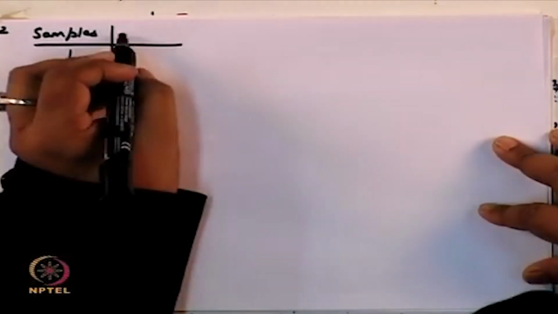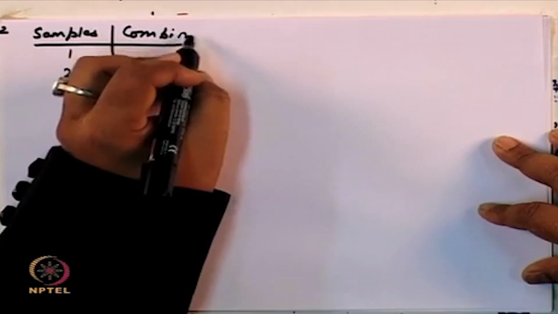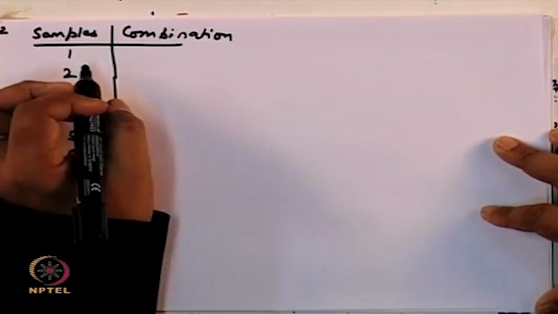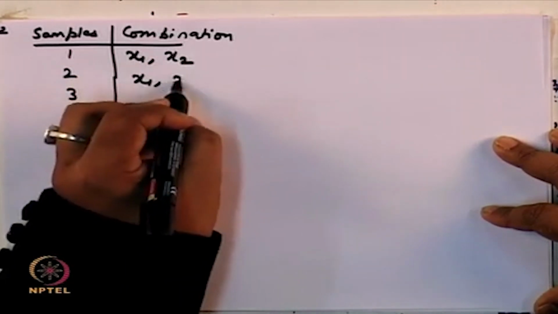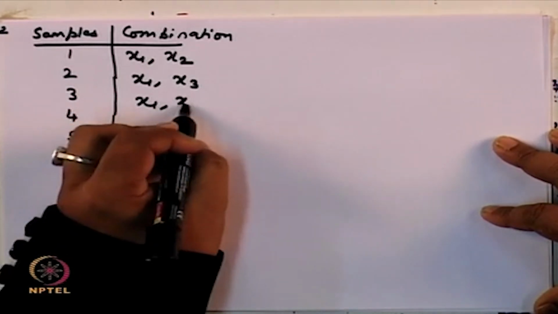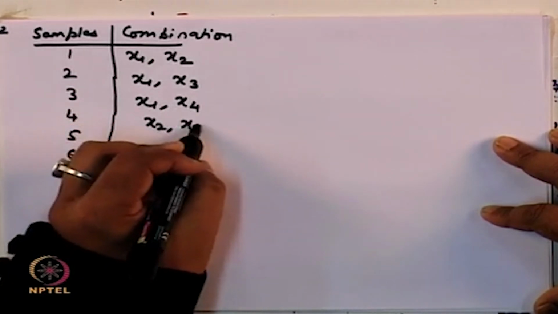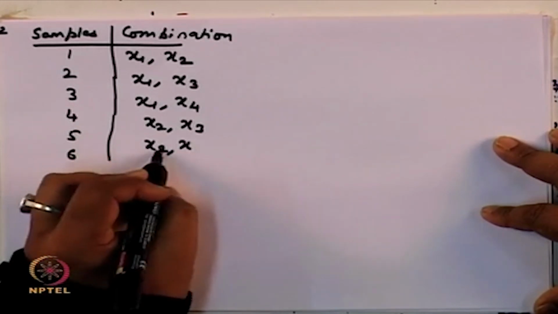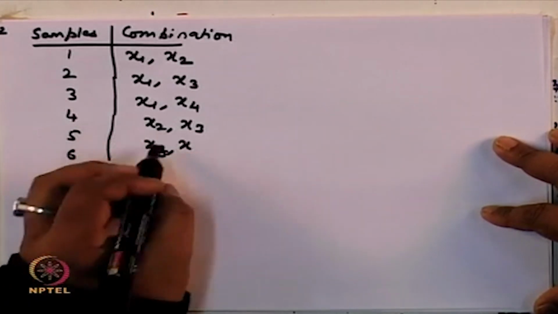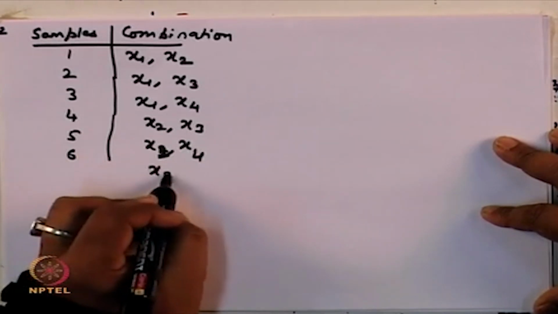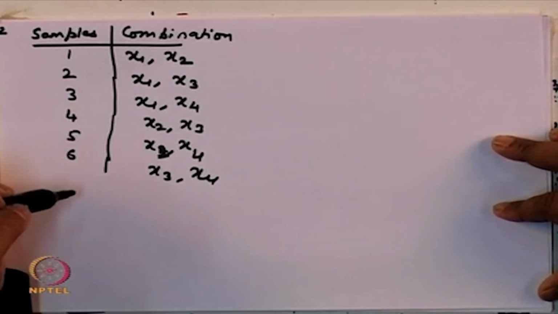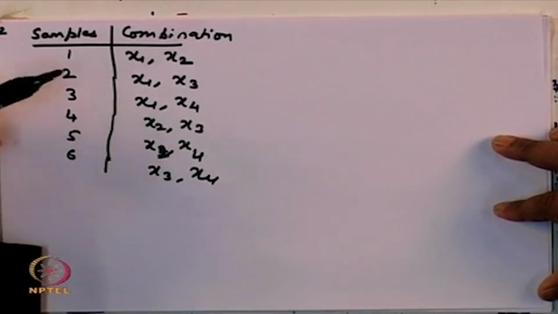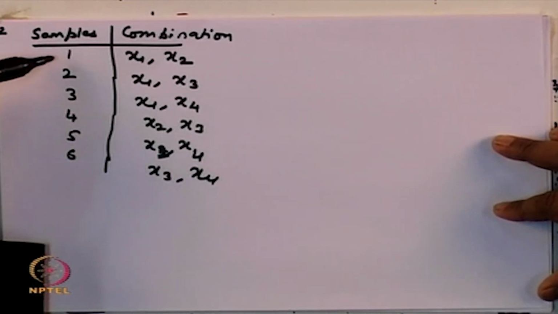I can take x1 and x2, x1 and x3, x1 and x4, x2 and x3, x2 and x4, and x3 and x4. So, these are the different samples that you can draw. This would be called random sampling if the probability of drawing sample 1 is equal to the probability of drawing sample 2, and so on and so forth.